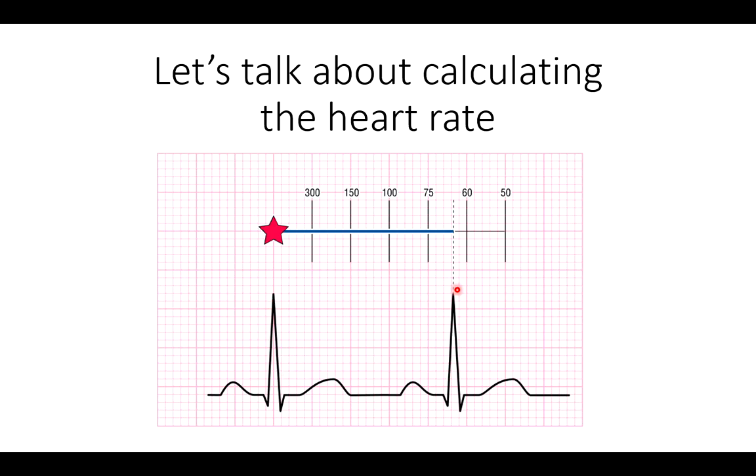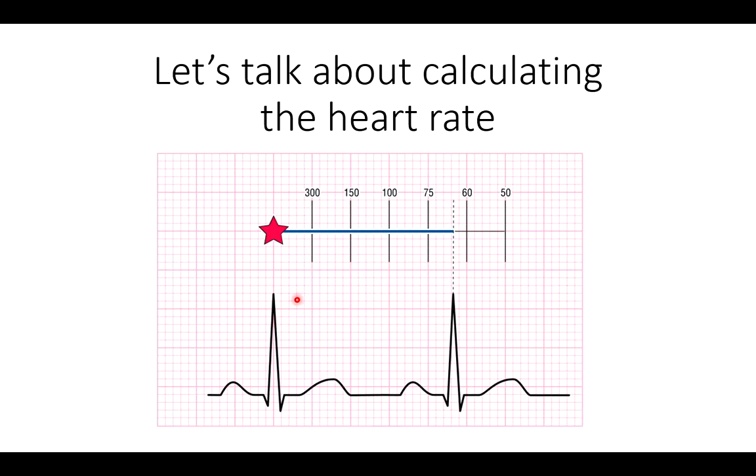There's a regular rhythm to the R waves. I want you to look and find an R wave that's on one of these dark lines. And if you find an R wave on a dark line, let's call that the starting point. We'll count 5 small boxes and we'll see another dark line. If the next R wave in your rhythm strip occurred on this line, that person's heart rate would be 300.